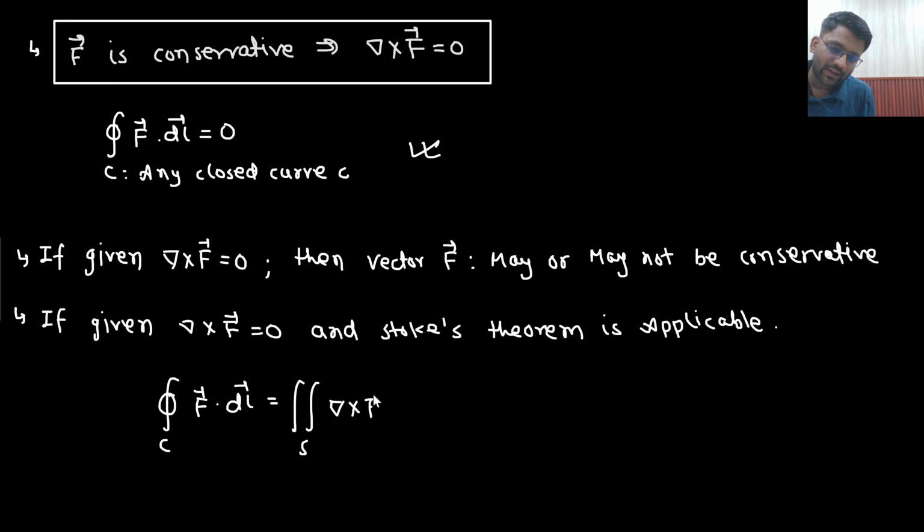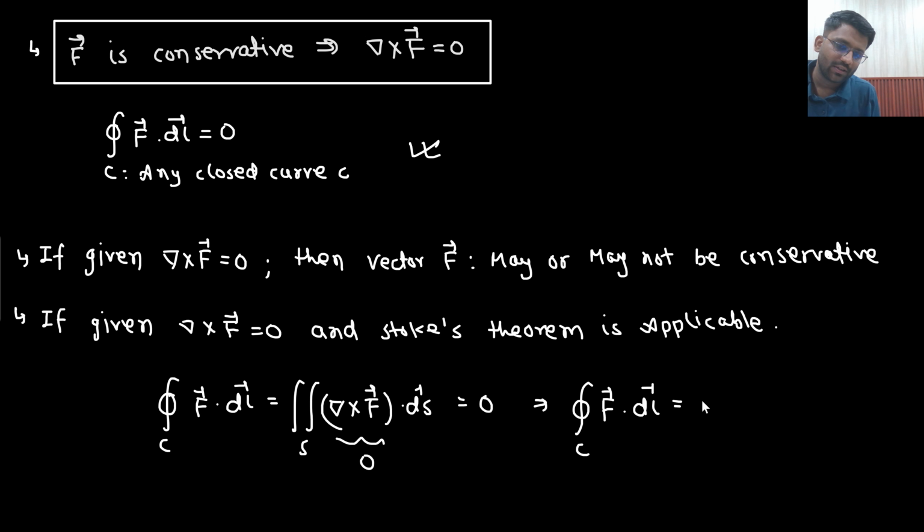Open surface integral of del cross f dot ds. Now what is this? This is 0 only. So what is the answer you are getting? 0. That means your closed line integral f dot dl is coming out to be 0 for any curve C. What does that mean? That means field f will be surely conservative.